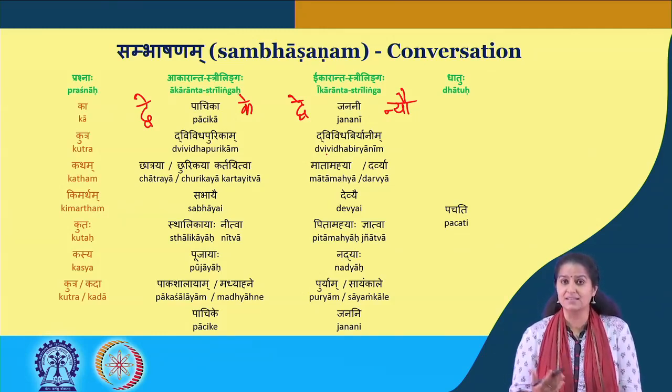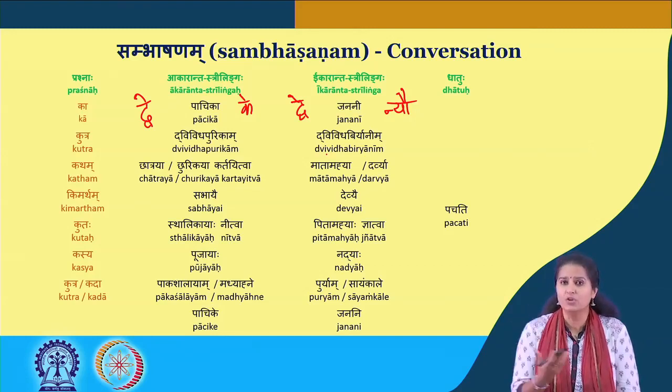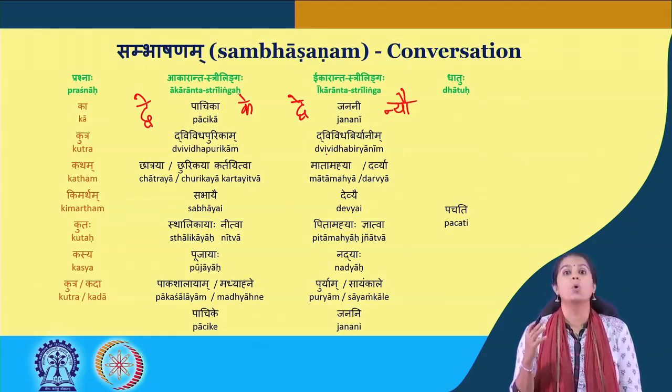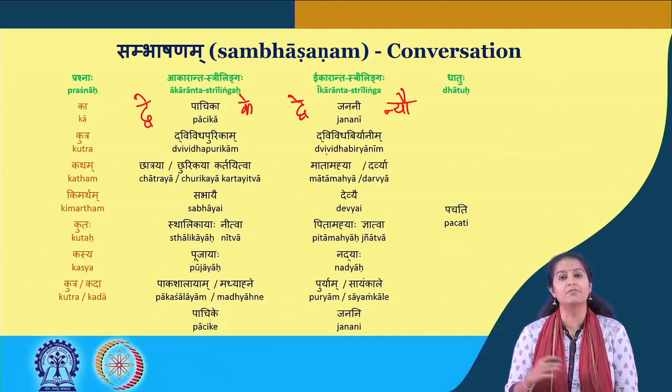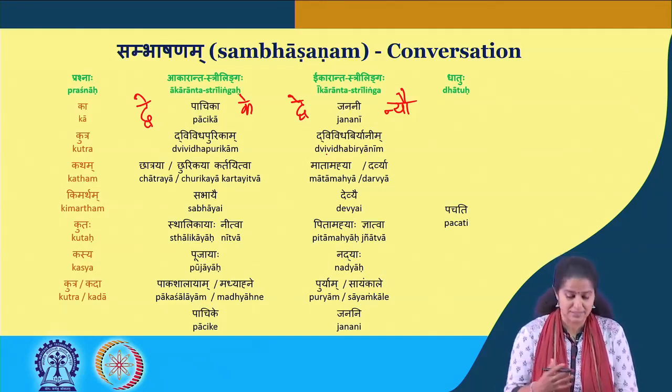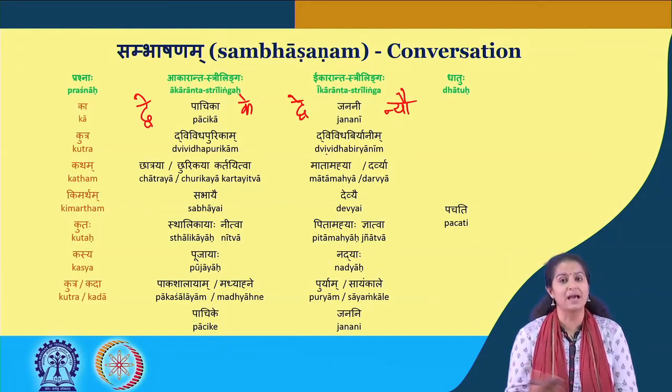And in the other case he asked, kutaha paka vidhim jyatva, from where did you learn about the cooking method or the cooking recipe? So pita mahibhyam paka vidhim jyatva. So pita mahibhyam is the grandmother from the father side. So from them I learned the recipe and their cooking.